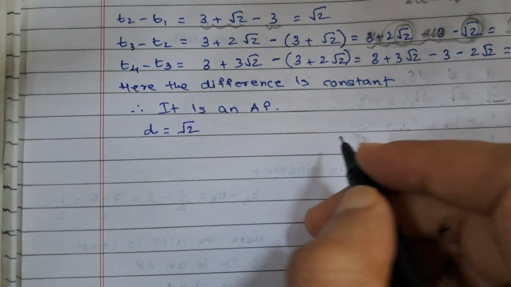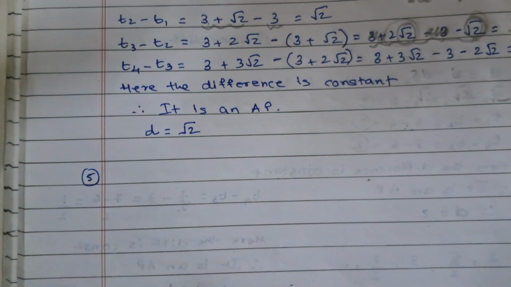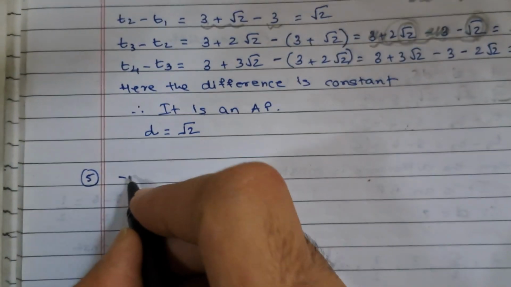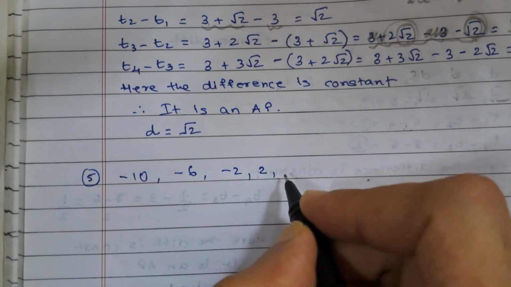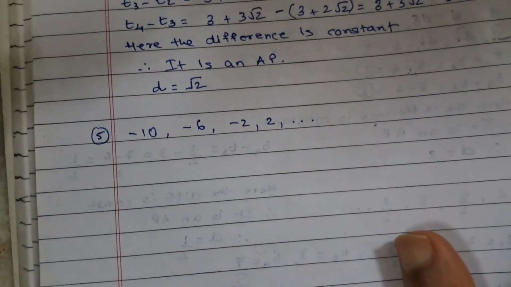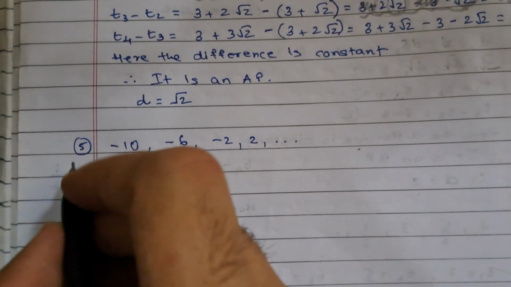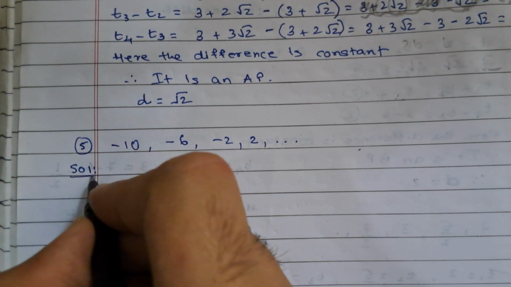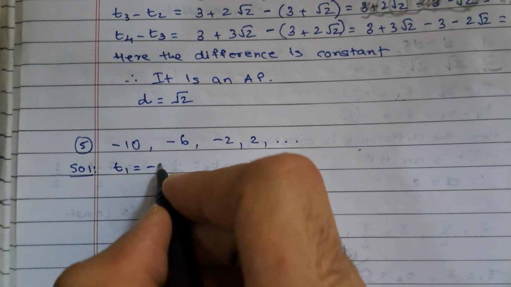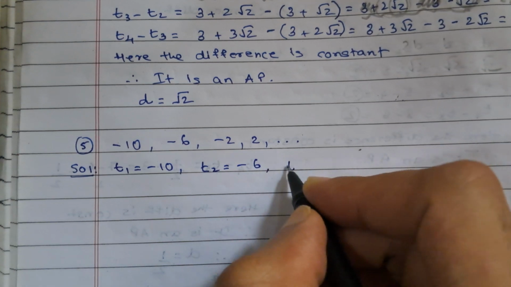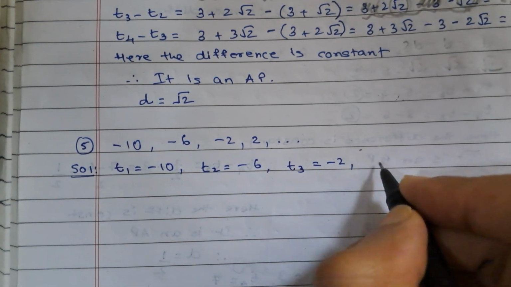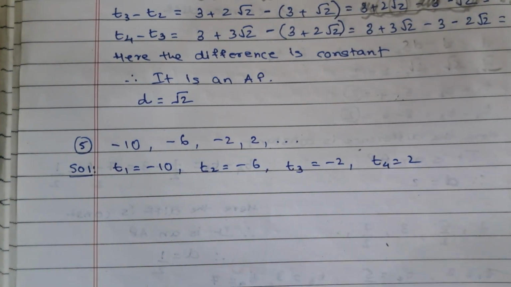Let's see one more example. So this time let's take some negative numbers. Let's play around with some negative numbers like minus 10, minus 6, minus 2, 2, and so on. The activity will remain the same. You will write a solution first of all, and then you will start with t1, which is minus 10, then t2, which is minus 6, then t3, which is minus 2, and t4, which is 2.